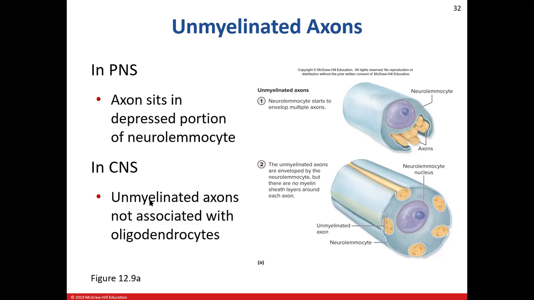In the CNS, unmyelinated axons are not associated with the oligodendrocytes. So the unmyelinated axons are enveloped, but there are no myelin sheath layers around each individual axon. So we don't always have myelinated cells in the PNS and the CNS. In some cases, these cells are actually going to be unmyelinated.